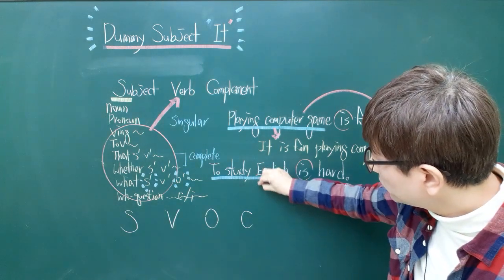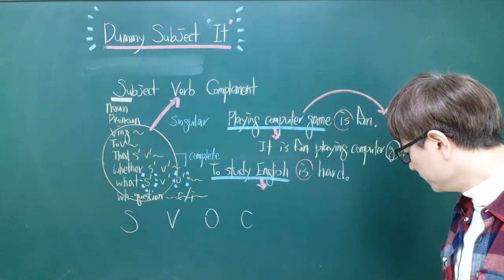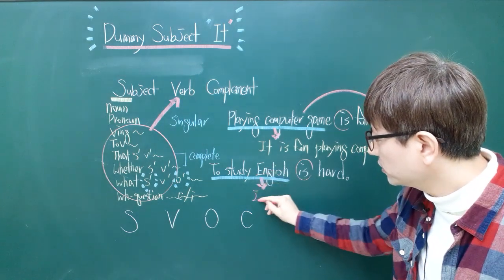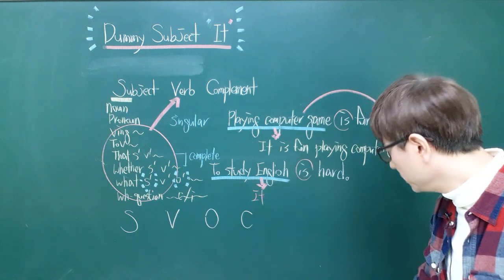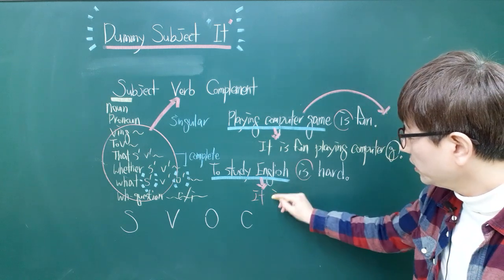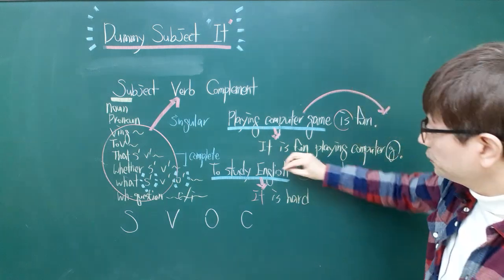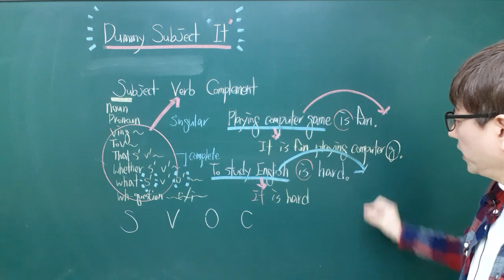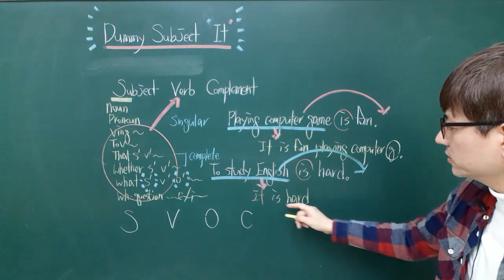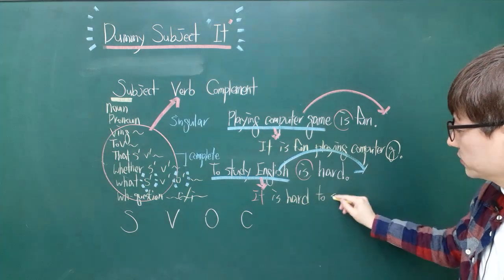So you can replace the real subject with it, and it is hard, and the real subject should be sent toward the end of the sentence. It is hard to study English, like this.